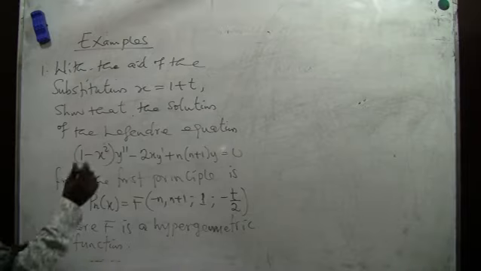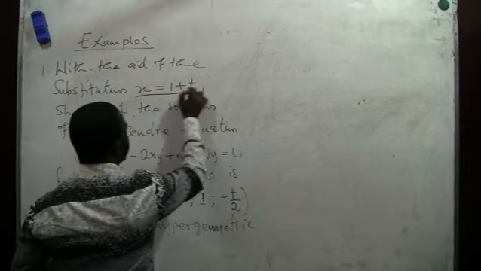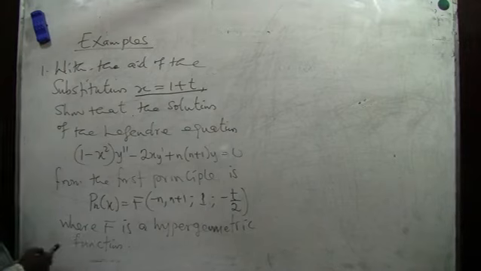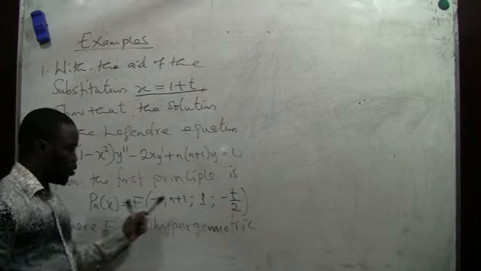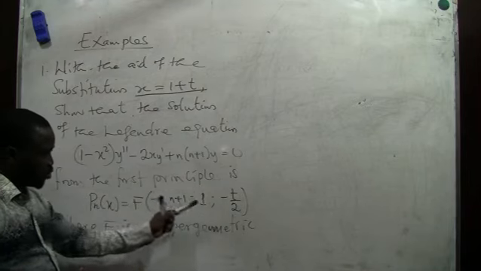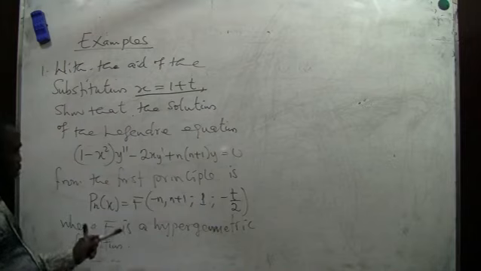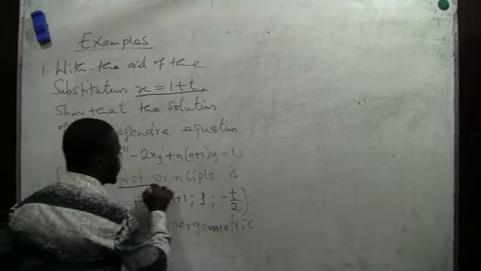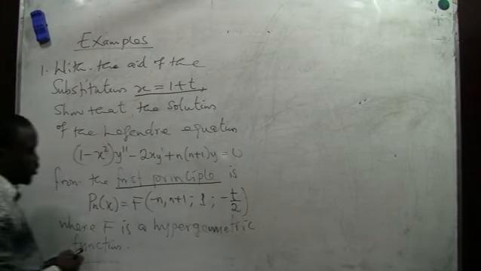Now let's look at this question very well and analyze. We want to make use of the substitution x equals 1 plus t. The second thing is we want to establish the relationship between the Legendre polynomial and the hypergeometric function. Don't forget that we have discussed the hypergeometric function in one of our previous classes. And we are to establish this from the first principle, that is the definition.